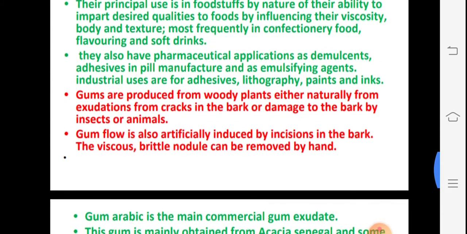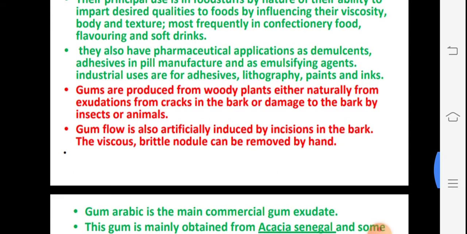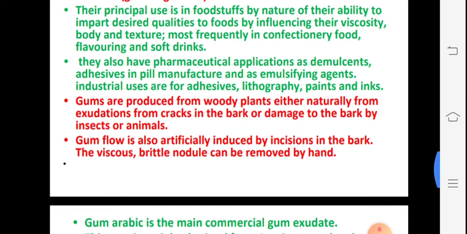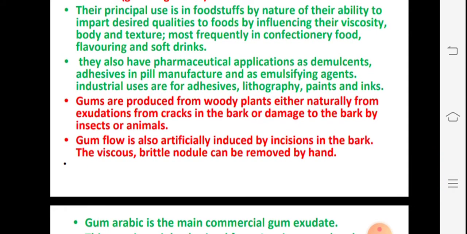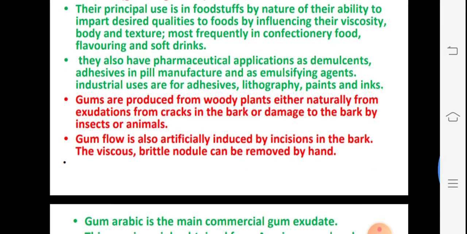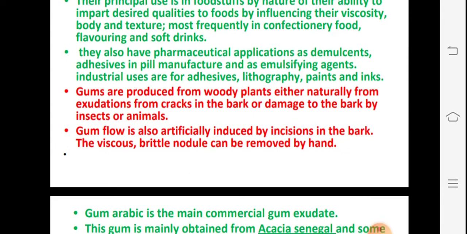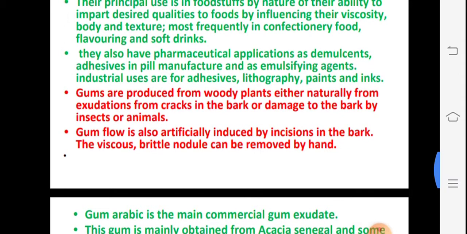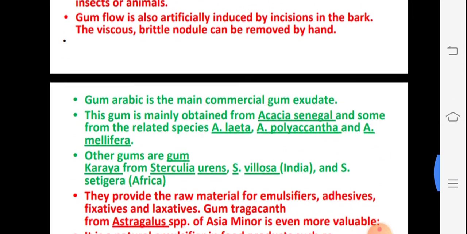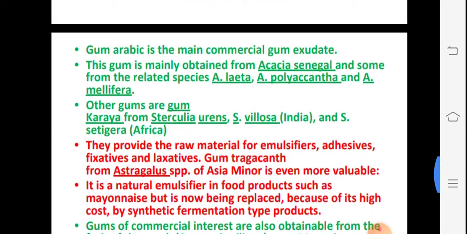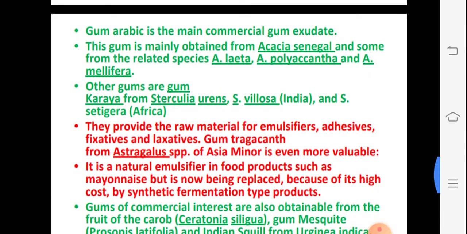The gums are produced from woody plants, either by natural exudation from cracks in the bark or from damage to the bark by insects and animals. They are also artificially collected by making incisions on the tree trunk at the basal area, or on branches. Gum arabic mainly has commercial value as an exudate.